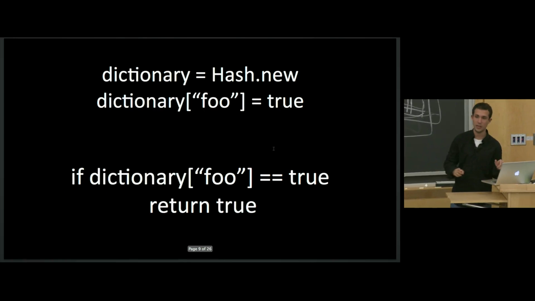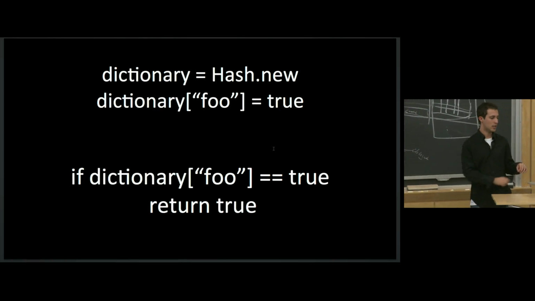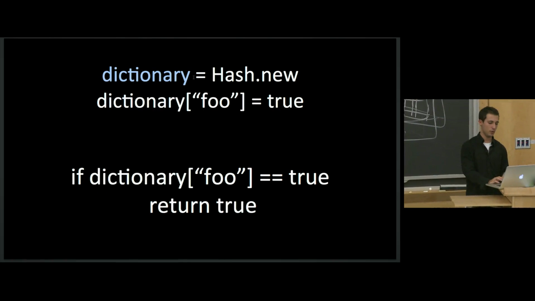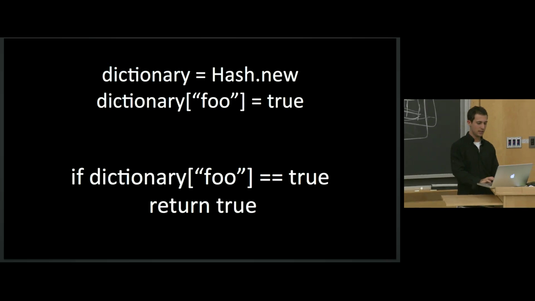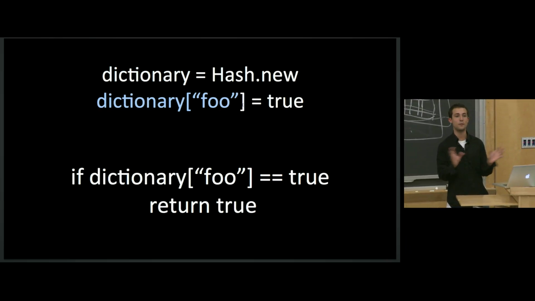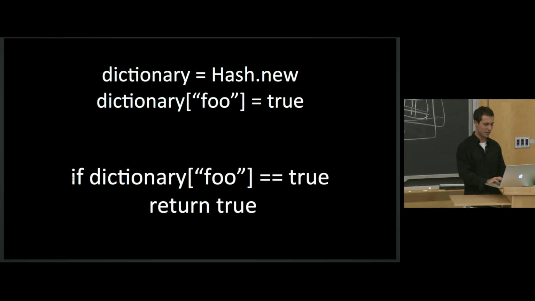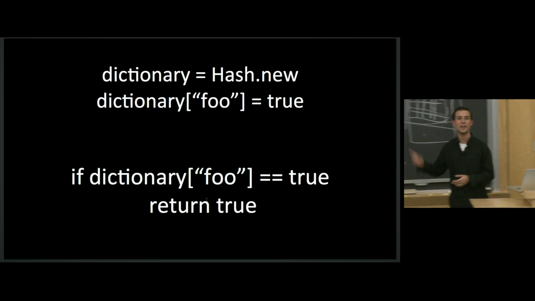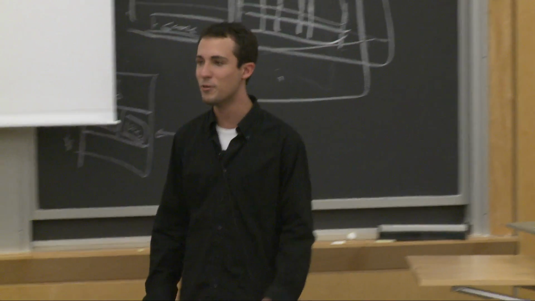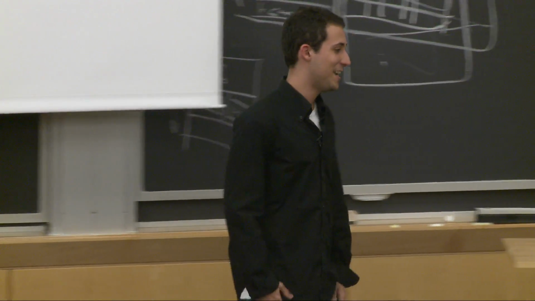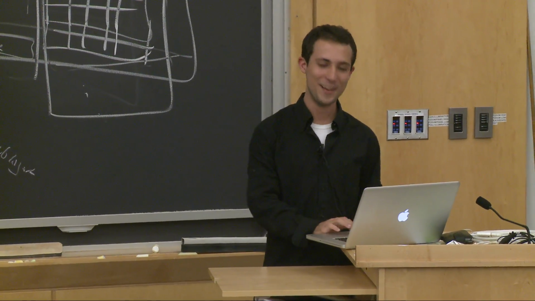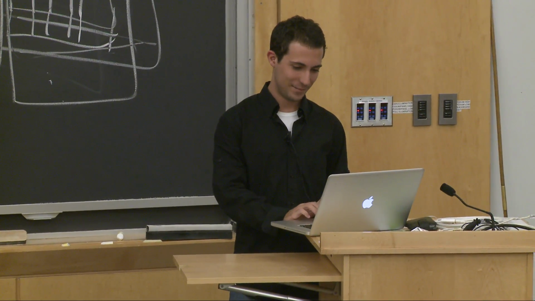Well, in Ruby, if you wanted to implement a hash table, this is exactly how you create it. You say dictionary, that's the name of my variable, equals Hash.new. Then dictionary foo, that's when I'm adding foo to my hash table. I'm just saying foo is there. If I want to check if foo is there, I just say if dictionary foo equals true, return true. Whoa. And that's your hash table. That's the implementation of a hash table in Ruby. So, I mean, everyone wished they could have used something like Ruby for last week's PSET, right?